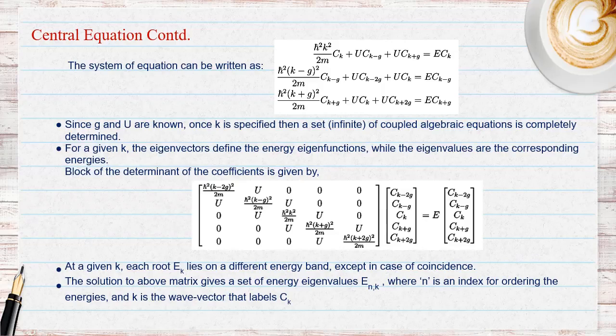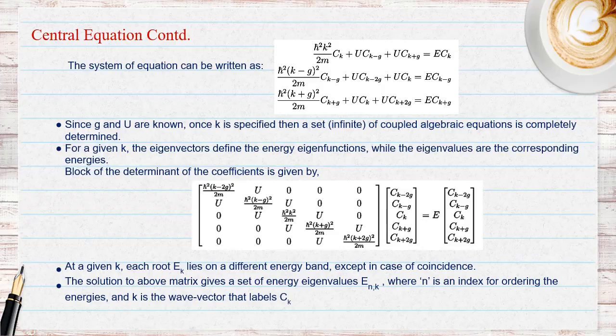Now we have the minus g component, that is ħ²(k-g)²/2m into C(k-g) plus U C(k-2g) plus U Ck is equal to E C(k-g). Now the plus g component, that is ħ²(k+g)²/2m C(k+g) plus U Ck plus U C(k+2g) is equal to E C(k+g).